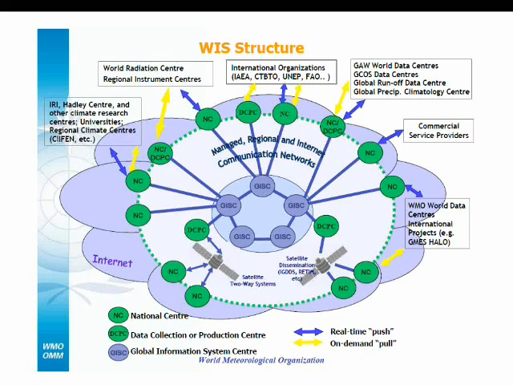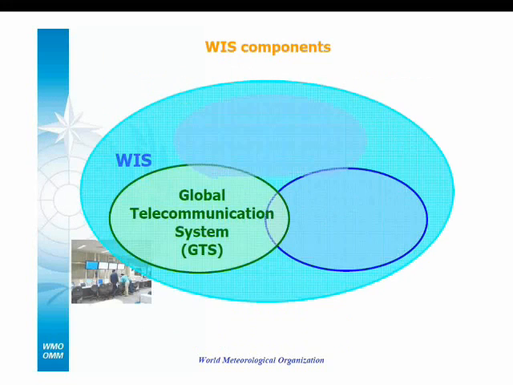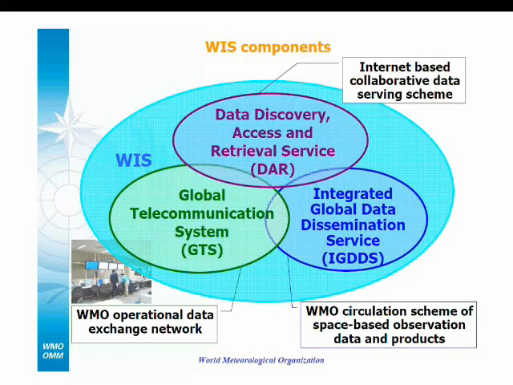Partly, the GTS takes a role of WIS core network. And other networks, so many kinds of telecommunication means, for example, frame relay, MPLS, Internet VPN, satellite VSAT connectivity, and so on.